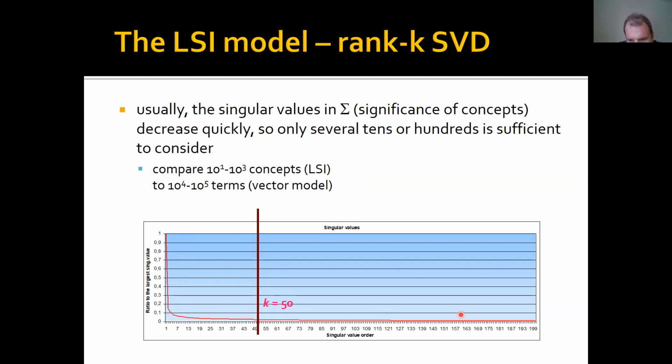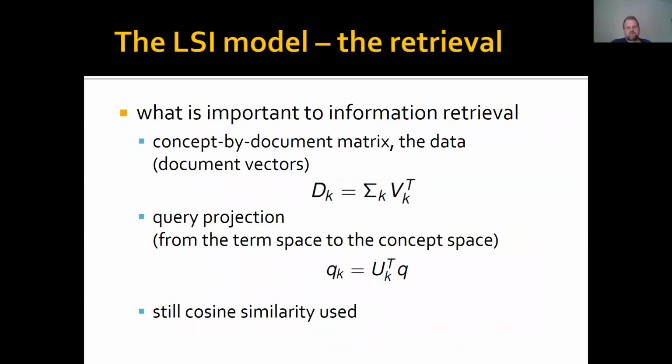So after some 50 or something, we have enough dimensions for concepts to express all of the documents, and we get dimensional reduction from the tens or hundred thousands of terms into just hundreds or thousands of concepts. And this is huge, 2 orders of magnitude reduction of dimensionality. But everything comes with cost. And yeah, I will show the cost later.